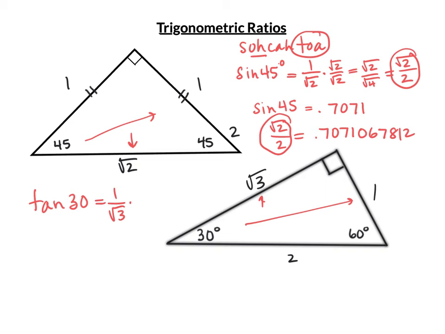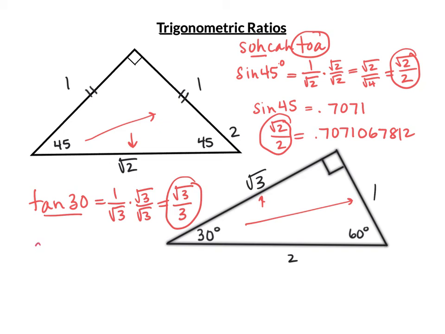We don't usually have a root in the denominator, so we're going to rationalize to make a 1 out of it and go straight across. 1 times root 3 is 1 root 3, or root 3. Root 3 times root 3 is the square root of 9, but the square root of 9 will be 3. And that is the exact value for the tangent of 30. You can check root 3 over 3 on your calculator and check the tangent of 30 on your calculator as decimals. You'll see they're exactly the same.